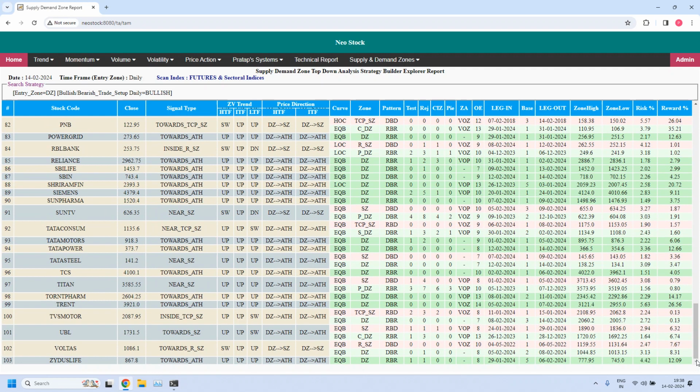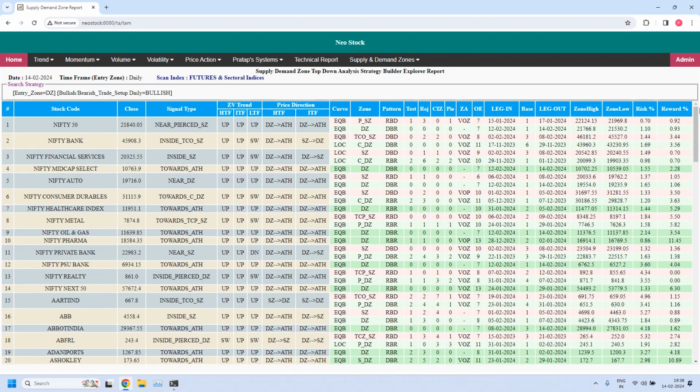Because the list is very big, it is very difficult for us to study all these stocks for our trade plan. So that is the reason why let me reduce this list by adding some parameters. The first parameter I'm going to add, maybe the test count should be 0.